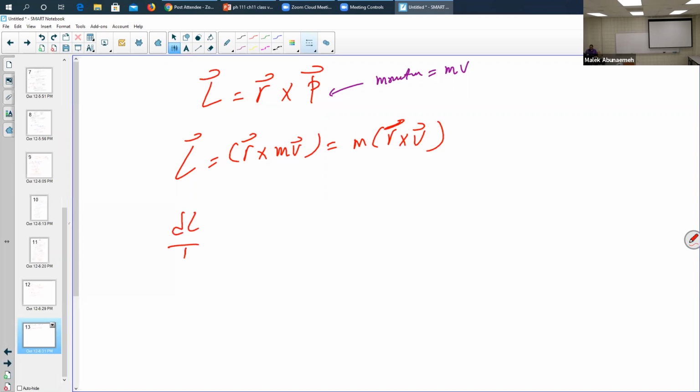So your dL over dt is going to equal m times r cross dv over dt plus dr over dt cross v, your velocity.